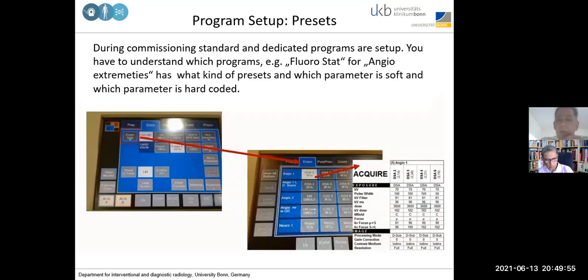Let me say, for example, you have a fluoroscopic static mode, a static mode for angio of the extremities. You have to look at the presets and what the parameters are, soft and hard coded.